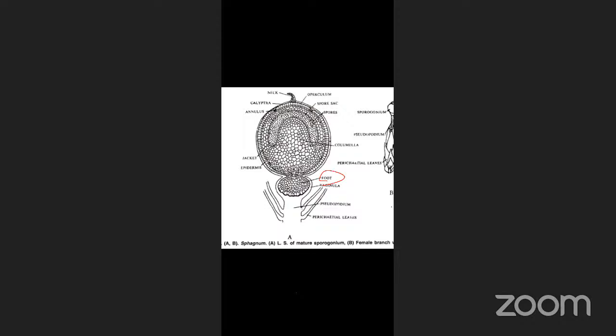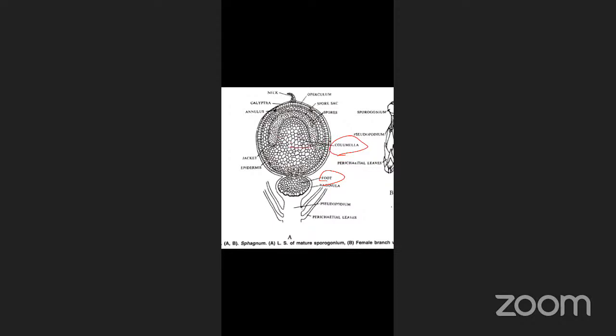Function: absorption and fixation to the gametophyte. Next, the capsule. Small notches are present, but that's not important. This globose structure is called the capsule. The capsule is spherical and dark brown in color, and it contains a central columella. This center portion is called the columella.